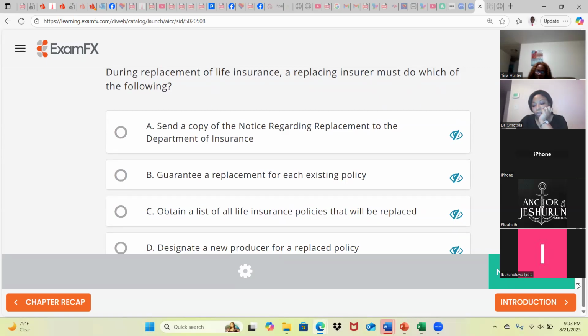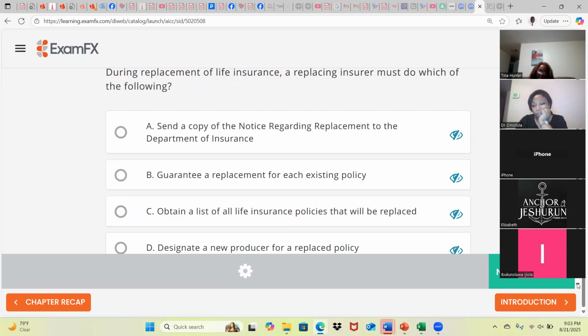Okay, so let's eliminate some answers. D says designate a new producer for a replaced policy. No. B says guarantee a replacement for each existing policy. Is there any guarantee? No. So we are left now with A and C. C says obtain a list of all insurance policies that will be replaced.